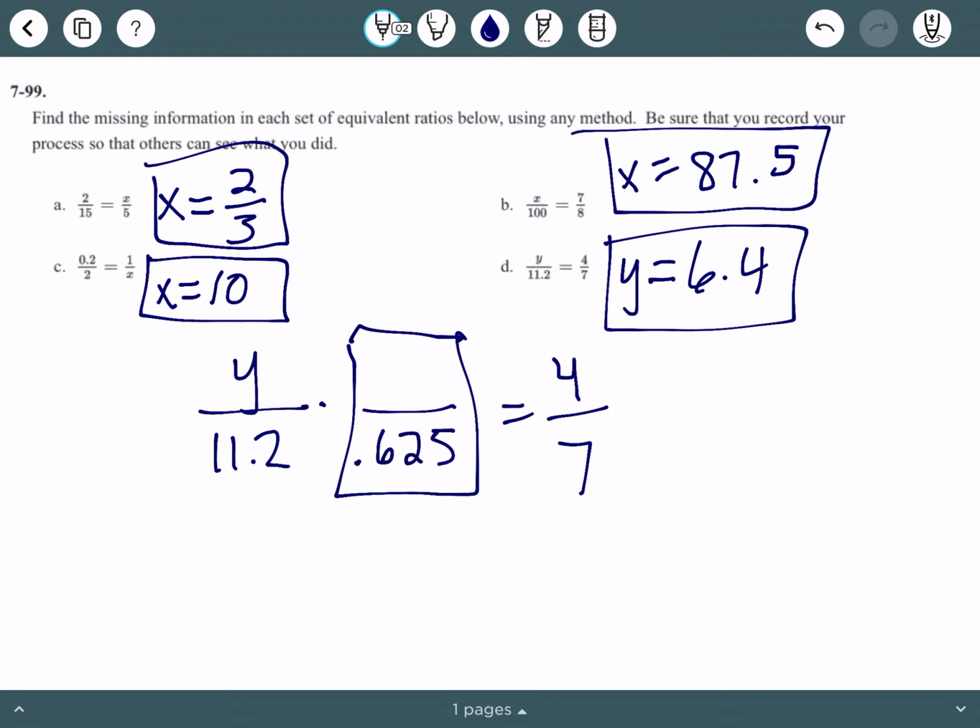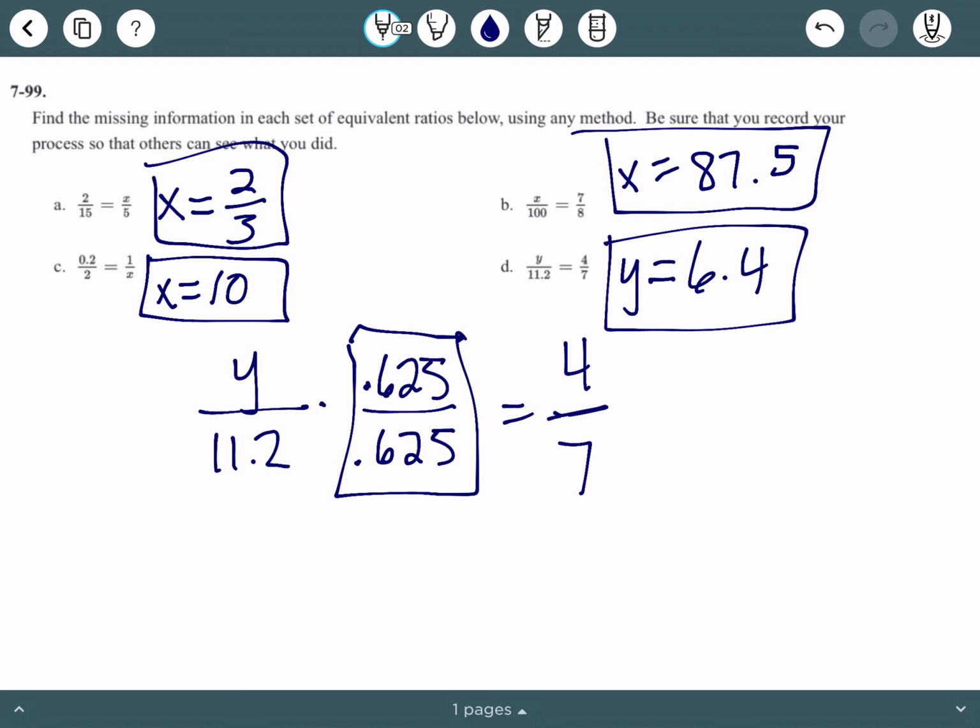Now, to have a giant 1, I have to have the same thing on top here. So if I have 4, or I'm sorry, this was a 4 on top here. All right, so now I have to do 4 divided by 0.625 to get my y, because that's the inverse of multiplying, and that's what I need to do to solve for y.